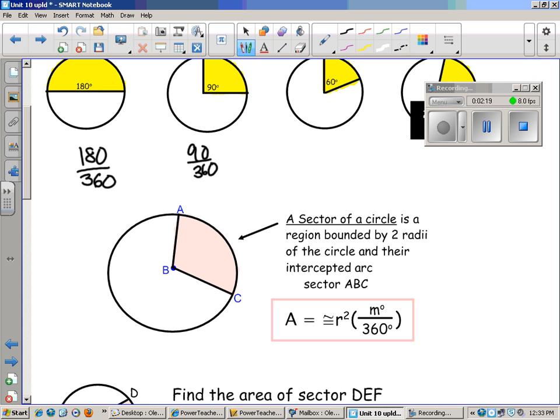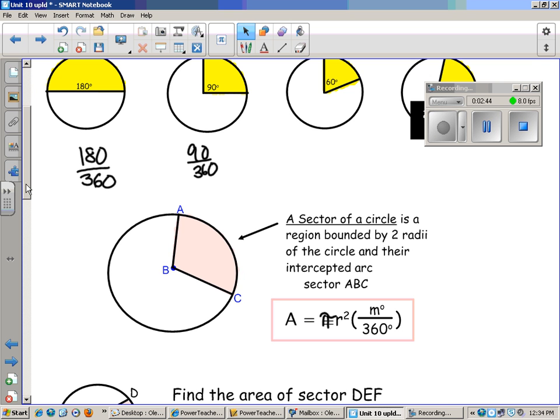All right, so if you think about it, there's no formula for the area of a sector, like there is for a square, rectangle or parallelogram. But what we can do is say that sector is a percent of the whole circle, and we know how to find the area of a circle.